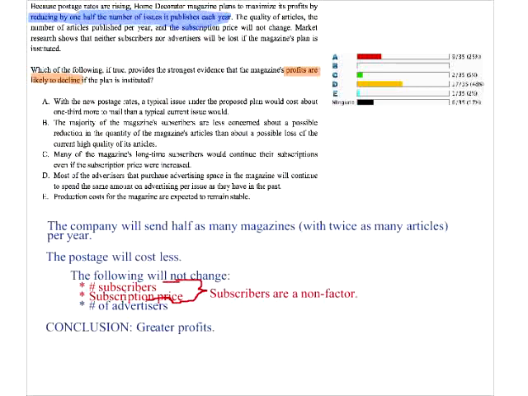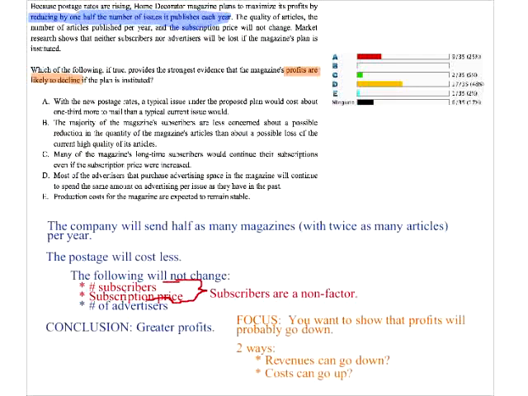So the focus of the problem is you want to show that profits will probably go down. There are two ways that this can happen, because profit is revenues minus cost. So profits can go down if revenues go down, or profits can go down if costs go up.